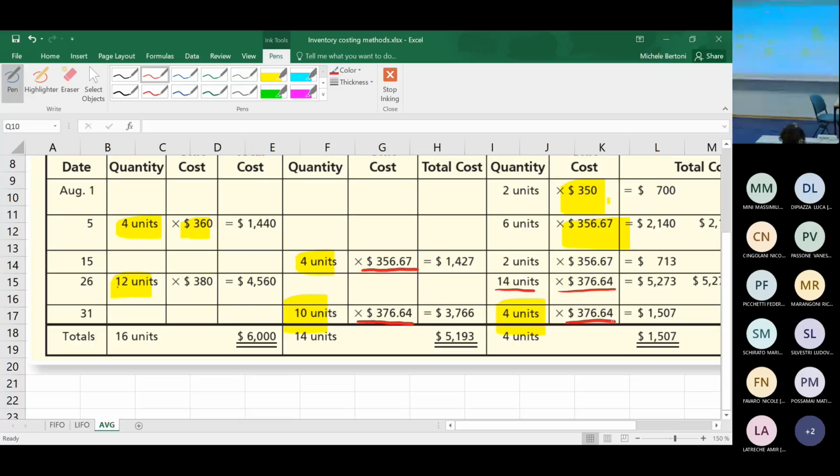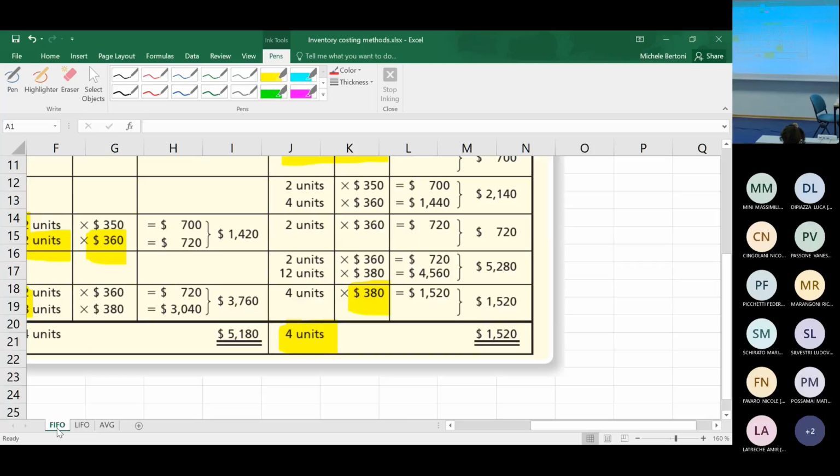So if you compare the 3 methods, let's go back to FIFO. Let's have a look at the cost of goods sold and ending inventory. Under FIFO, the cost of goods sold was 5,180 total for the period, and the ending inventory was 1,520.